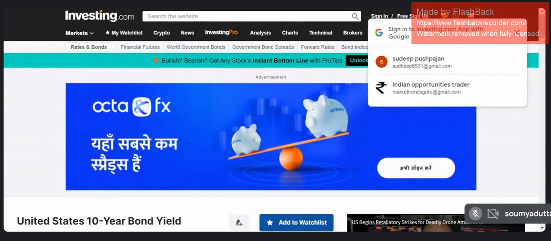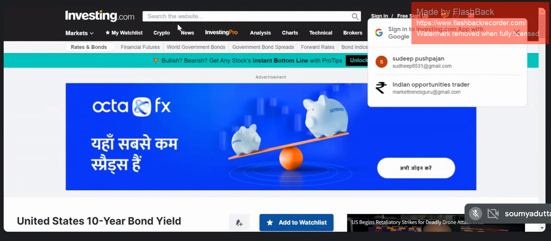What about copper? Copper is also called the doctor of the economy. It works like a pulse for the economy because everything uses copper. And copper prices again are all demand and supply.